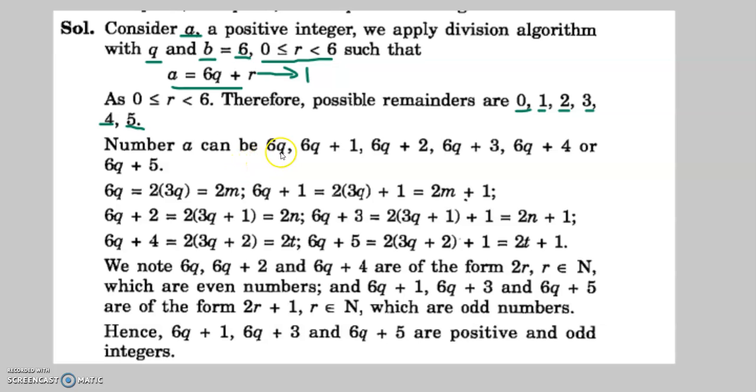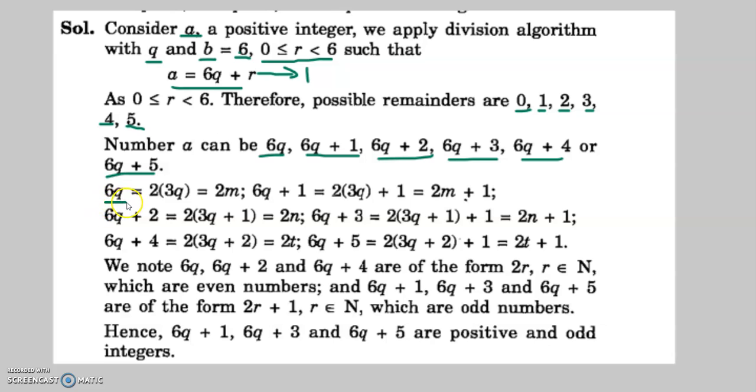Number a can be 6q, 6q plus 1, 6q plus 2, 6q plus 3, 6q plus 4 or 6q plus 5. As per the above equation, we just substitute the values in the place of r to get these equations.